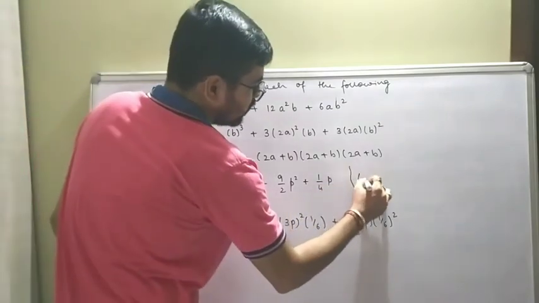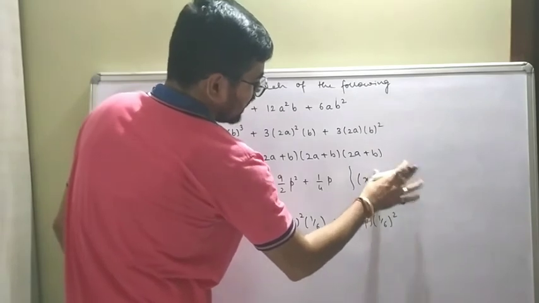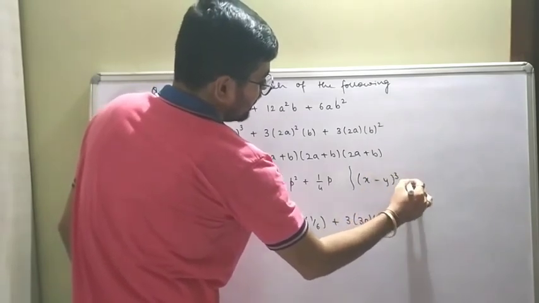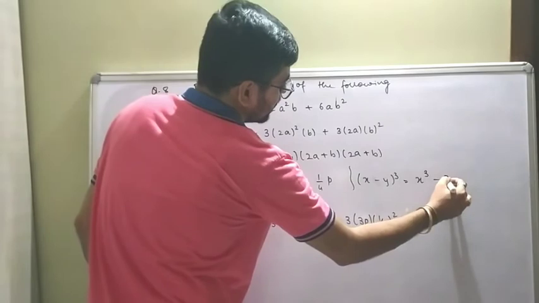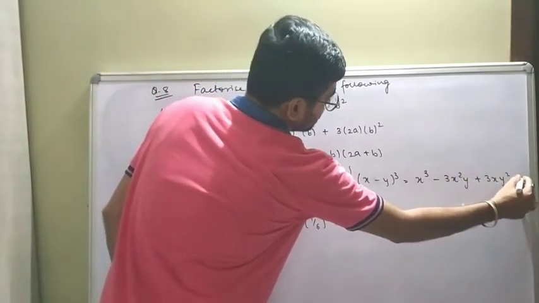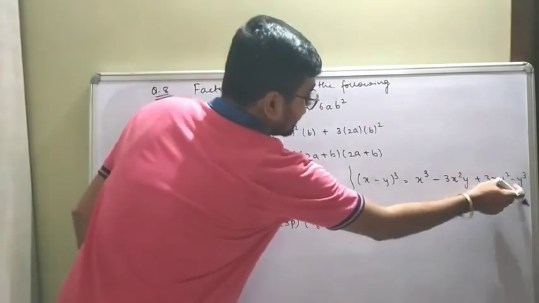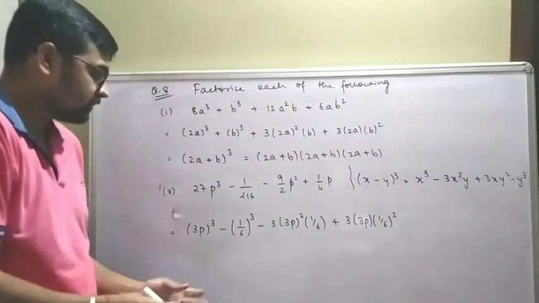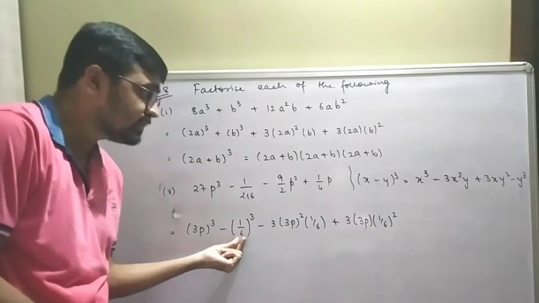Suppose what was the formula of x minus y whole cube? The formula was x cube minus 3x square y plus 3xy square minus y cube. They are writing this y cube ahead. So this is x and this is y.